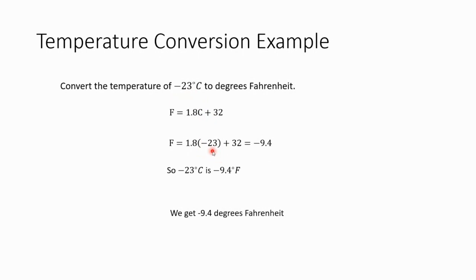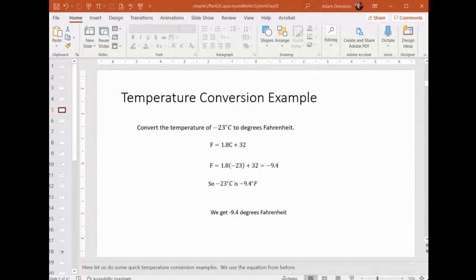Maybe I could, but it would take more time. But anyway, when you do that, you get negative 9.4 degrees Fahrenheit. So negative 23 degrees Celsius is negative 9.4 degrees Fahrenheit. So we just converted. That's all. Just so quickly. Okay.